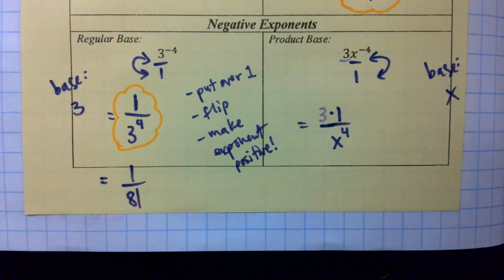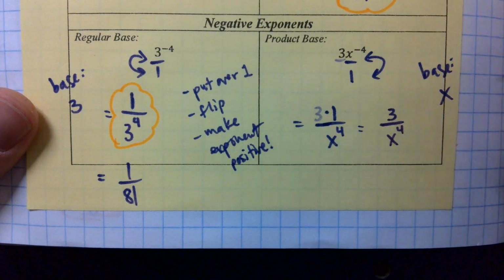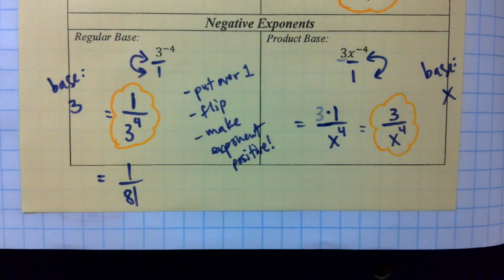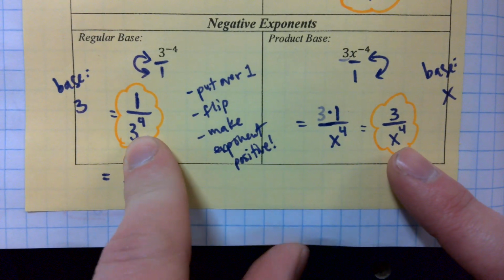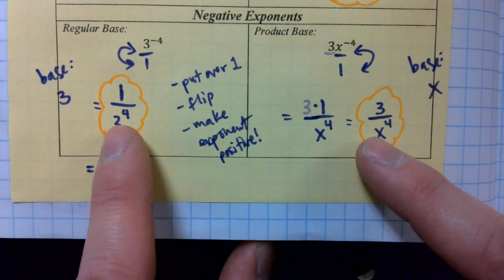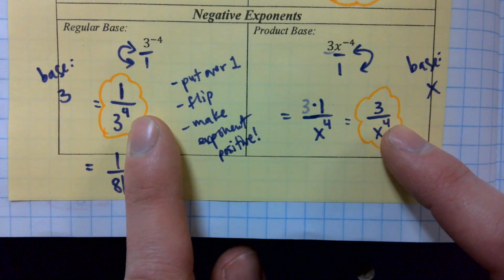What is 3 times 1? 3. Can I simplify 3 over X to the 4th at all? No. So check it out. My answers here that are all bubbled up in yellow, they look very similar. I still have my identified base with the positive 4 power on the bottom.